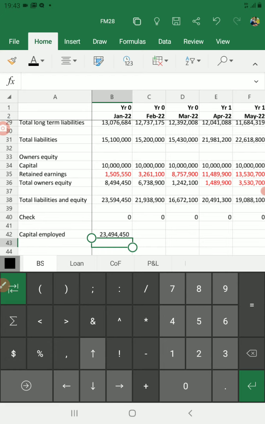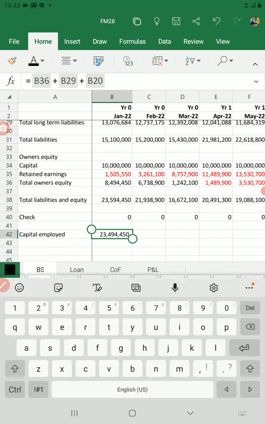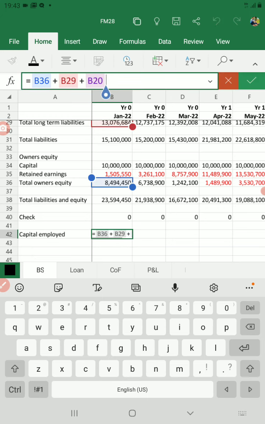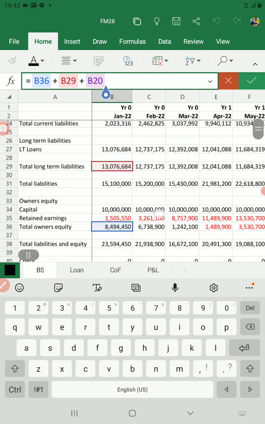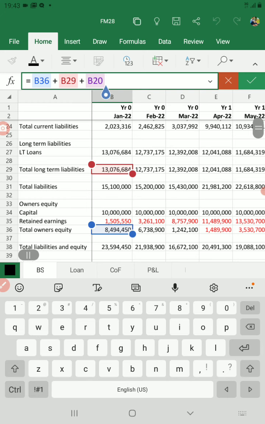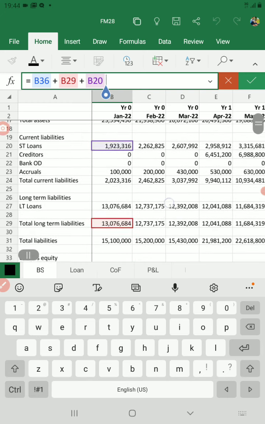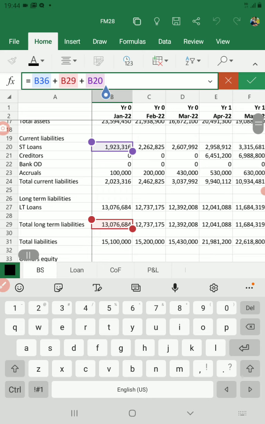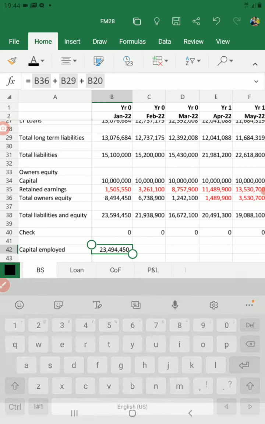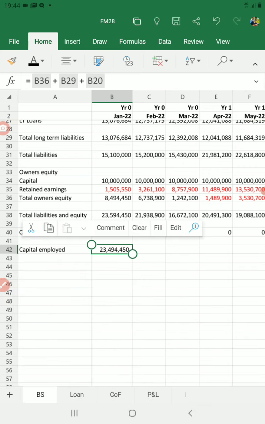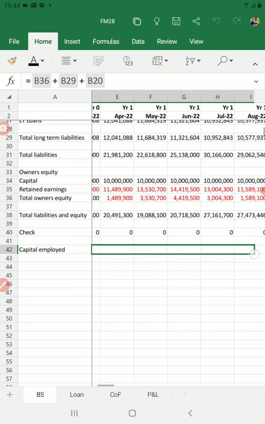So that is our capital employed, which has taken owner's equity plus long-term liability, that is long-term loans, plus the current portion of long-term loan, that is short-term loans. So I can tap to fill this throughout our projection period.